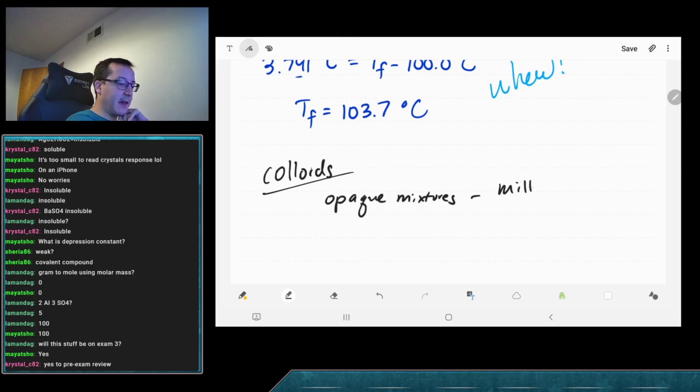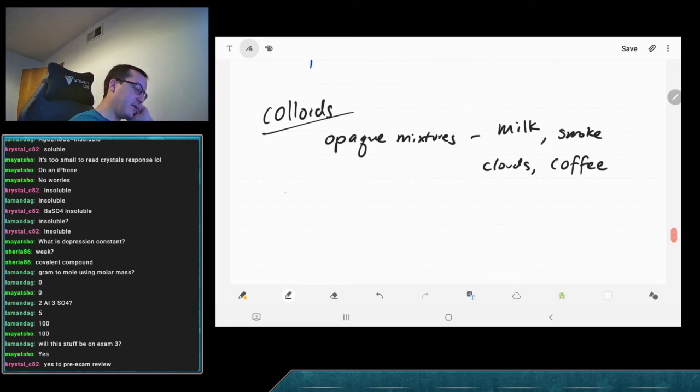That's going to be something like milk, or smoke, or clouds, or coffee. These things basically just have very large particles which can scatter light.